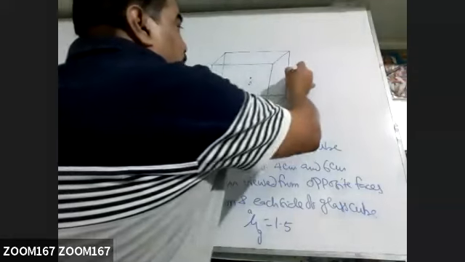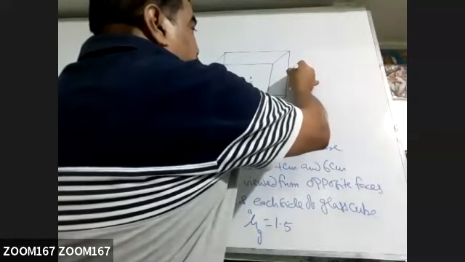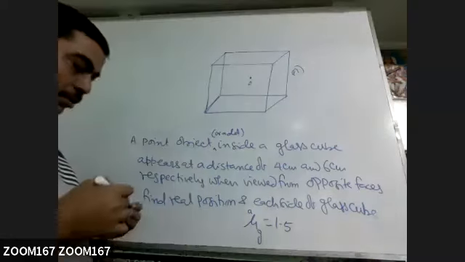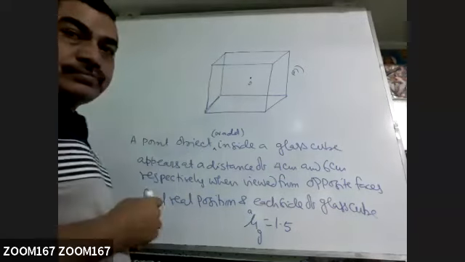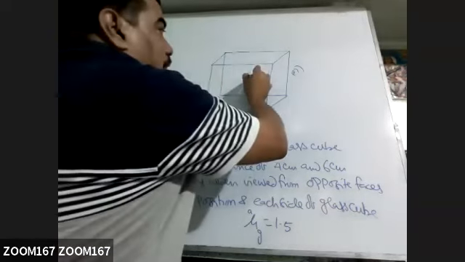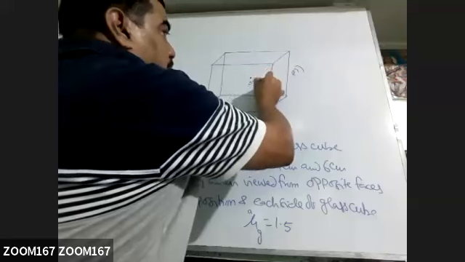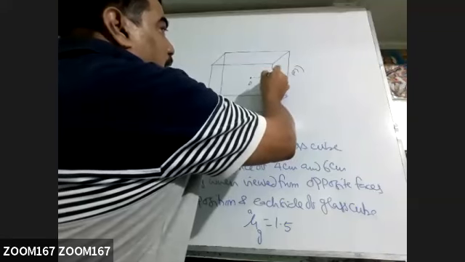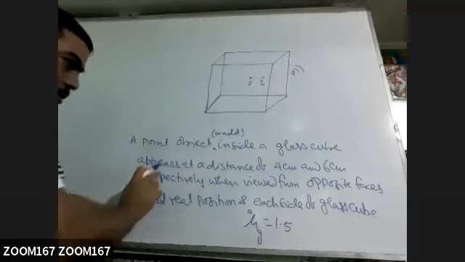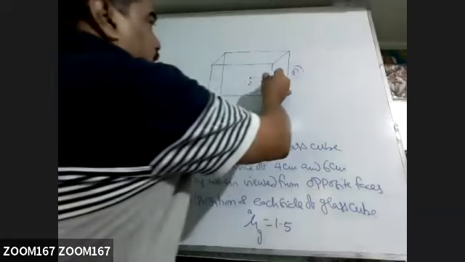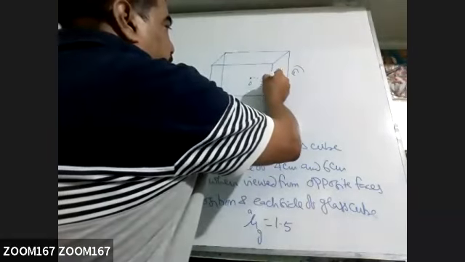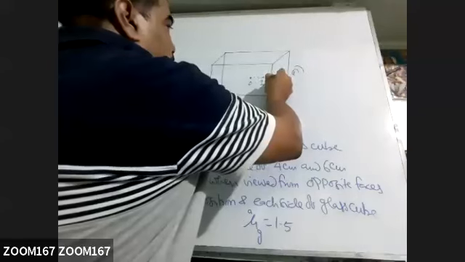Now he said when the object is viewed from this side, naturally it will not appear here. It will appear somewhere here. Suppose this is I1, and this distance is given as 4 centimeter. So from this face it is 4 centimeter.